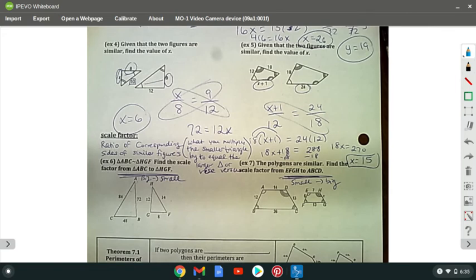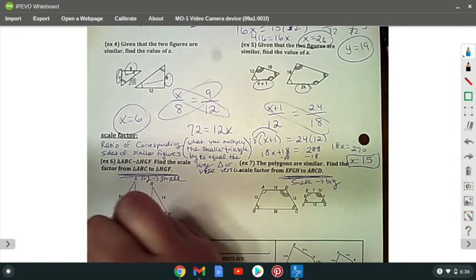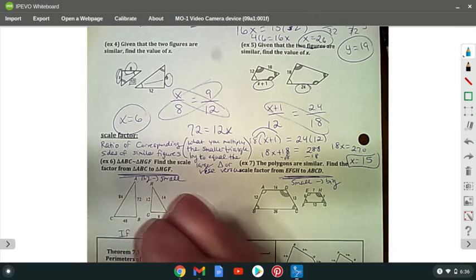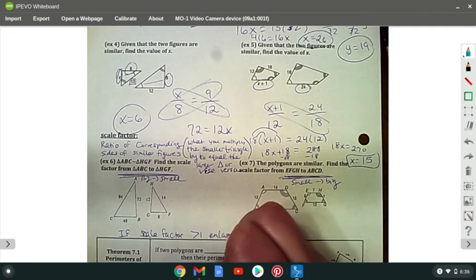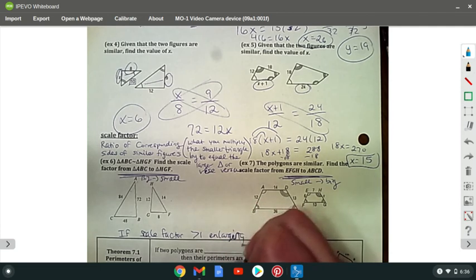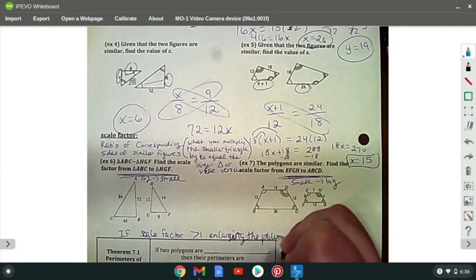Something you need to know about scale factor is if your scale factor is greater than 1, then the object, or polygon, is getting bigger. If it's less than 1, but it's never going to be a negative number, so if it's like a half, then you're reducing in size. So it's getting smaller. So if your scale factor is greater than 1, we're enlarging the polygon.